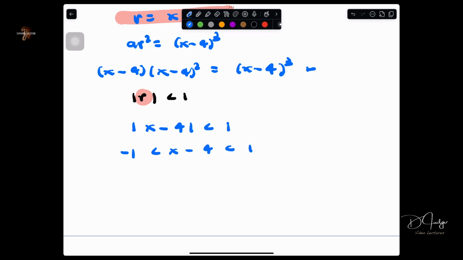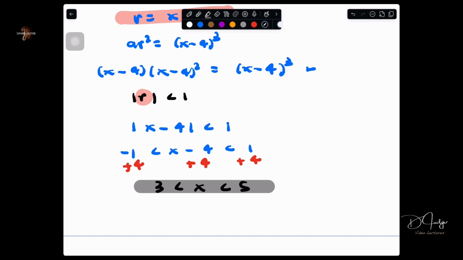It means x minus 4 is between -1 and +1. We can solve for x by adding 4 to the left, the middle, and the right. We get 3, ladies and gentlemen, is less than x, which is less than 5. So we're going to get convergence here for these values of x.